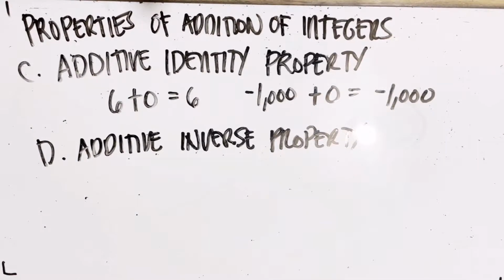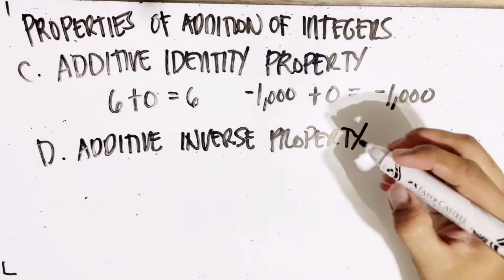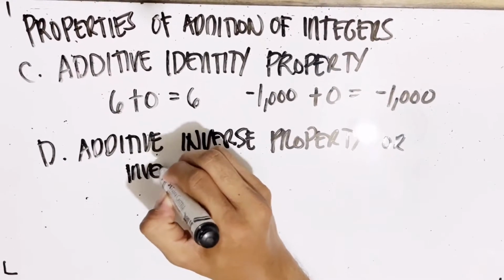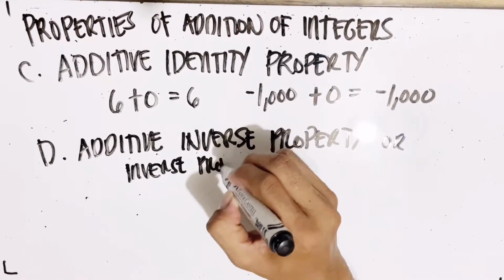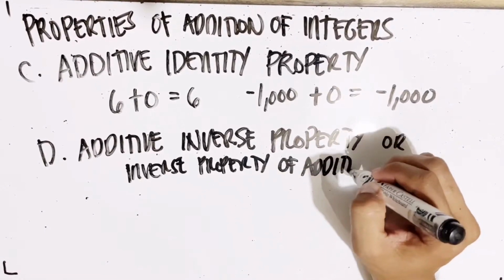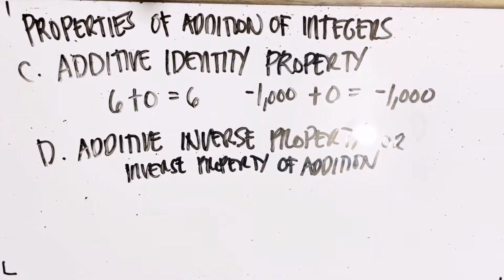So, the additive inverse property, or the inverse property of addition, states that the sum of any number and its additive inverse is 0. So, when we say additive inverse, that is the number that will make that number 0.